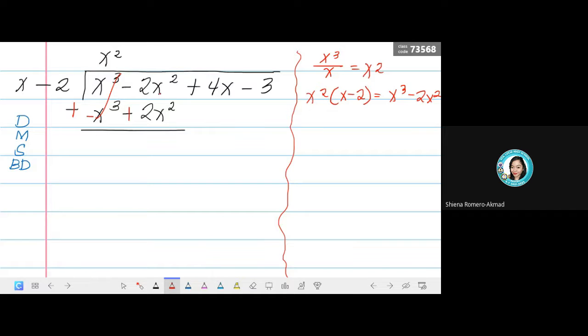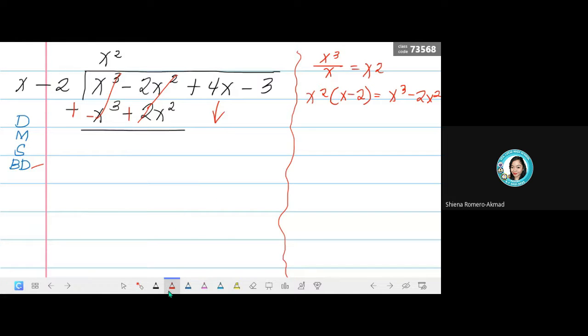Ano sagot dito? Negative 2x squared plus 2x squared. Yes, the answer here is 0. So, 0 na yan pareho. Ano na yung gagawin natin? Wala na tayong term dito. Then, we will proceed to bring down.